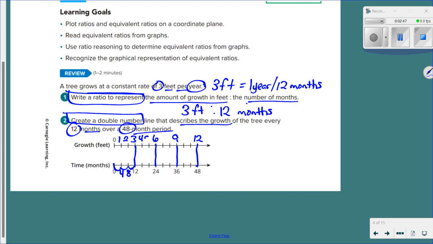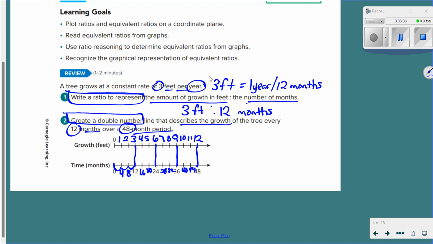So this would be 4, 5, 7, 8, 10, 11. Yes? Yes. And this would be 16, 20, 28, 32, and 40, 44. So we have finished our double number line for any month out of those 48 months.